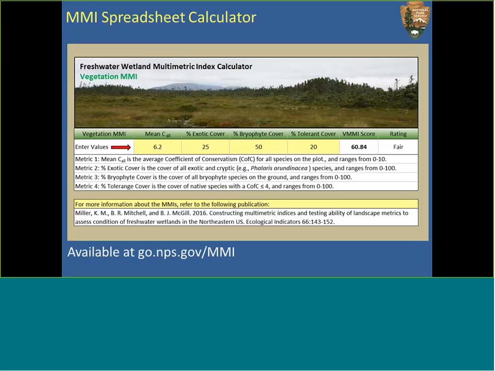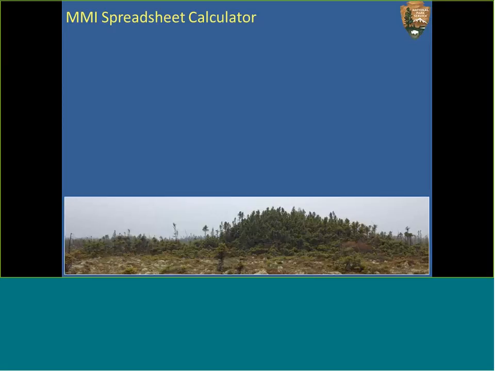I'm not opposed to adjusting these MMIs as we have more information and they're tested in more areas. Also, as more folks apply this to the broader area, this will help me assess for my program whether trends occurring in Acadia and in some of our parks are specific to the park or if they're part of a regional trend. So if you're interested in using these MMIs, I'm happy to help you get started and to answer any questions that you have.